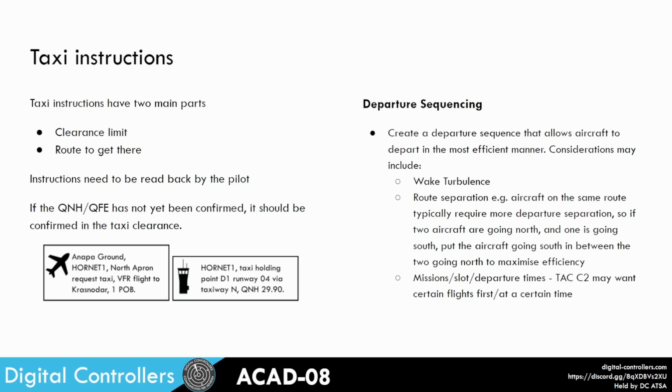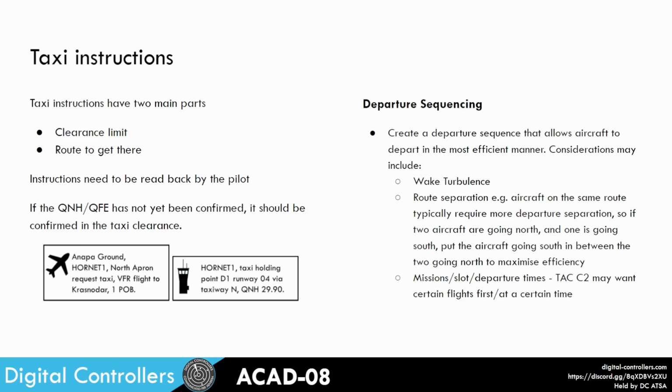When we are thinking about creating a departure sequence, there are a few things we want to think about to make it as efficient as possible. Firstly, we have any required wake turbulence separation, which we will not cover in great detail currently.